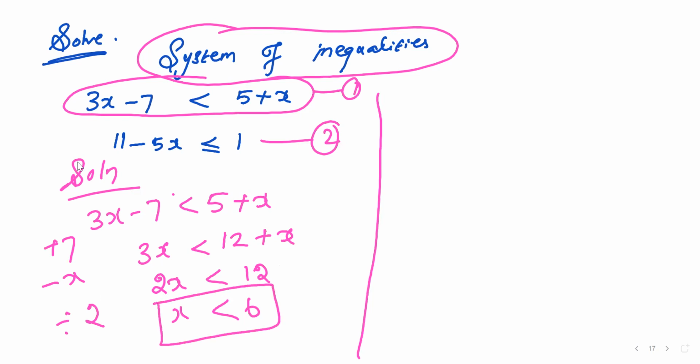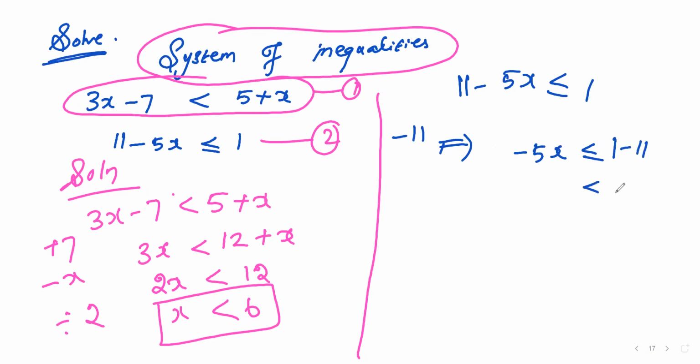And what about this side? 11 minus 5x less than or equal to 1. Subtract 11 on both sides, so this became 0. Just minus 5x less than or equal to 1 minus 11, which is minus 10.